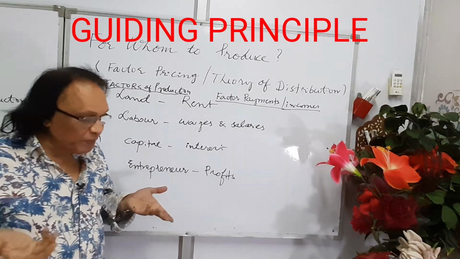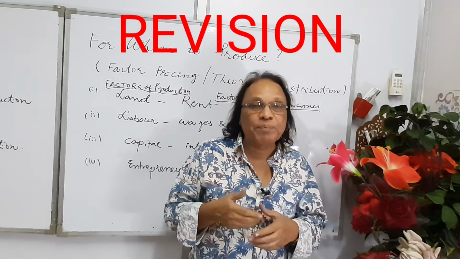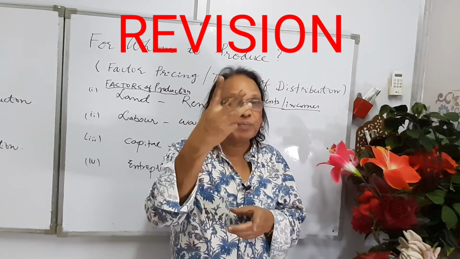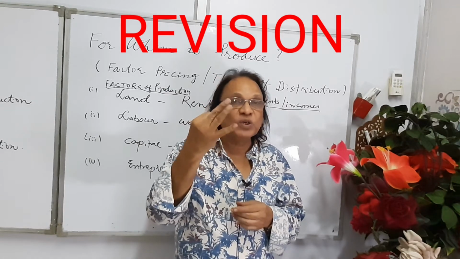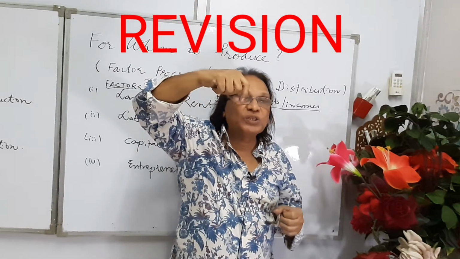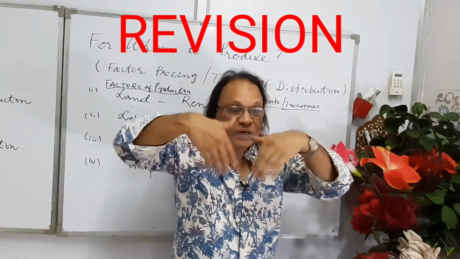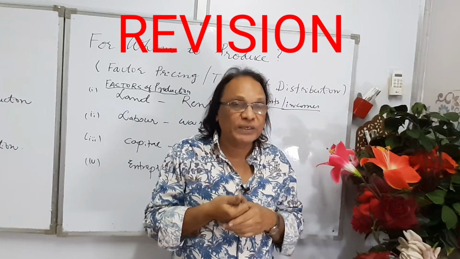To put it in perspective, I'll just give you a recap of all the things. There are three central problems: what to produce, how to produce, for whom to produce. One line: what to produce, whether to produce luxury goods or necessities. The economy has to decide. After deciding it, then the economy has to decide how much quantity of these.